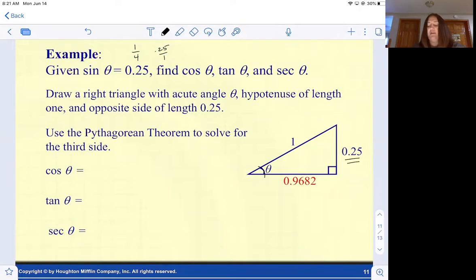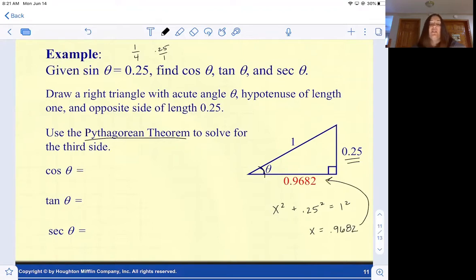But where did they come up with this 0.9682? Well, they used the Pythagorean theorem to find the missing side. So we would have something like x squared plus 0.25 squared equals 1 squared. And when you work that out and solve that for x, you get 0.9682. And that's where that is coming from.